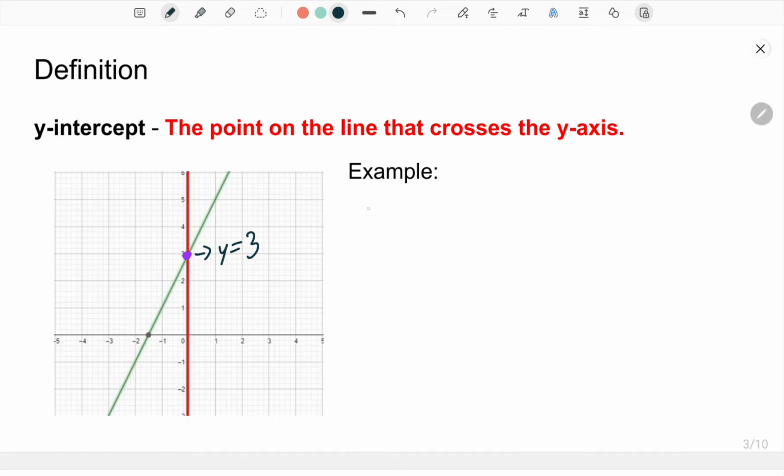Or you can actually determine the coordinates of the point. So since it's on the y-axis, you haven't moved left or right whatsoever. So your x value would be 0, and the y value would be where it crosses, as we said, 3. So this is the y-intercept.